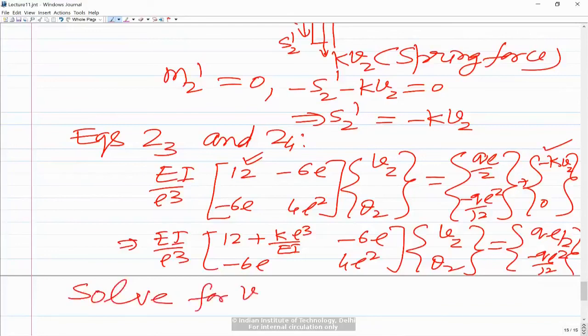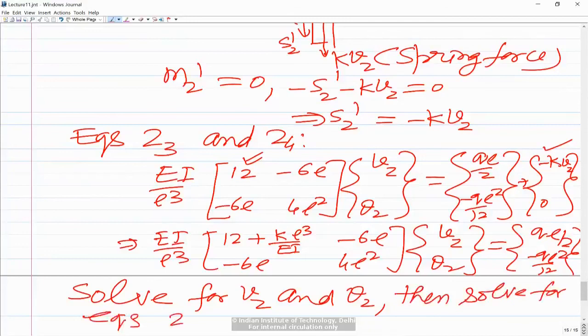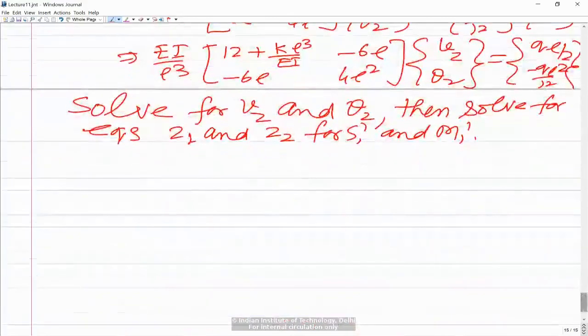Solve for V2 and theta 2, then solve equations 2 1 and 2 2 for S11 and M11. And once you have done this, you can do the post processing: get the slope at any point within the element, you can get the curvature, you can get the stress, so all those calculations you can do. So I think I want to stop over here.